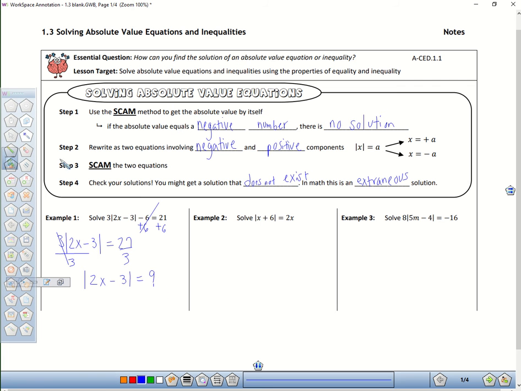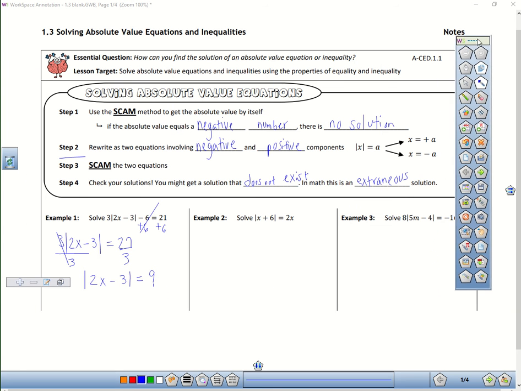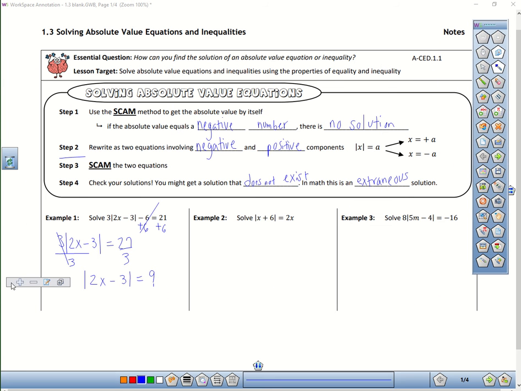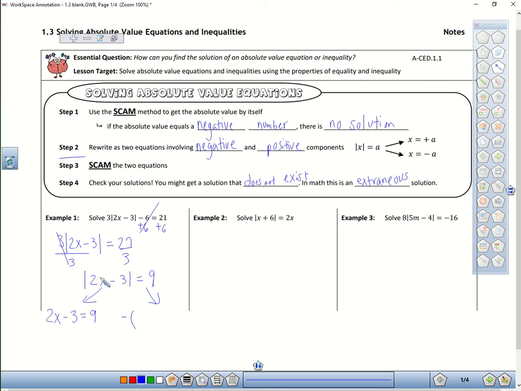Now this is where step 2 comes in. We have to rewrite our equations involving its negative and positive parts. So what you do here is, this is an important part. You take the equation without the absolute value bar, and that's the first one. Then over here you're going to replace the absolute value bar with parentheses, and you're going to put a negative sign, basically a -1 outside of that parentheses, and then equals whatever it equals.